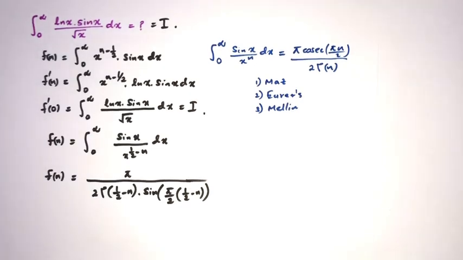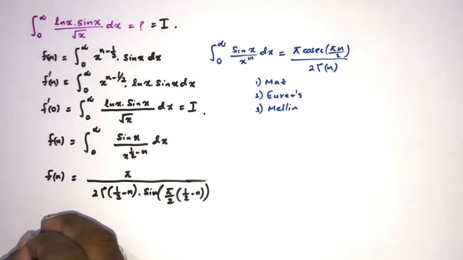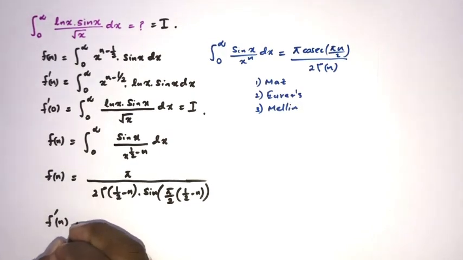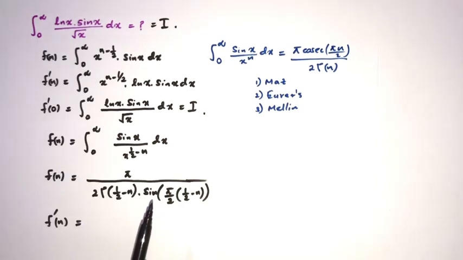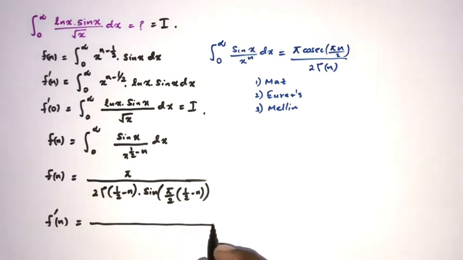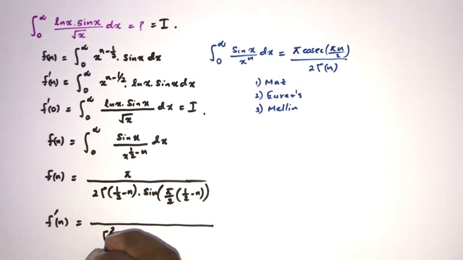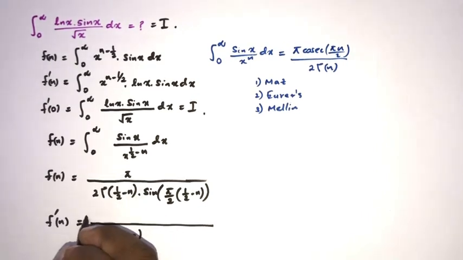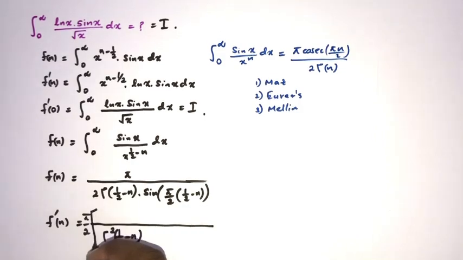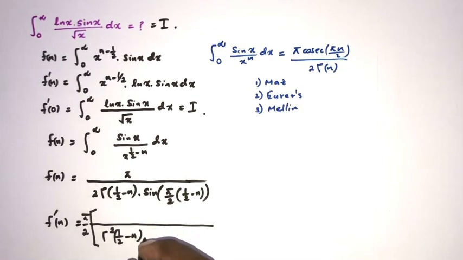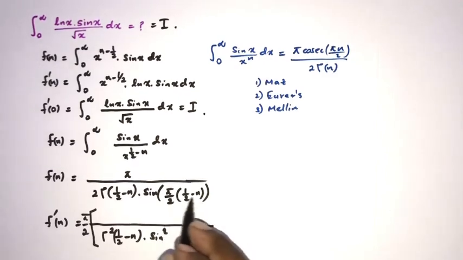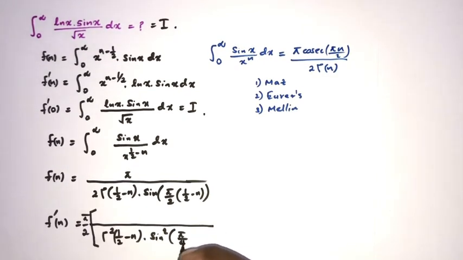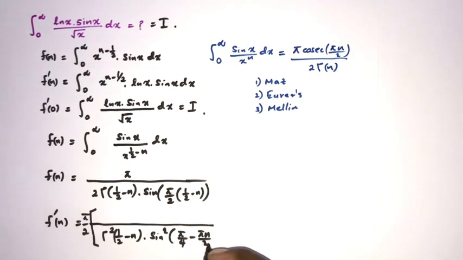Then we should differentiate f of n with respect to n. This is like 1 over x, so the derivative is minus 1 over x squared. In the denominator we have gamma squared of 1/2 minus n, and the constant pi over 2, times sine squared of pi over 4 minus pi n over 2.